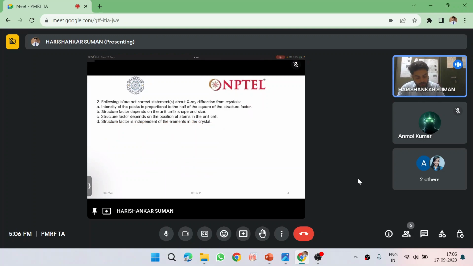Which of the following is not a true statement about X-ray diffraction from crystals? Option A: intensity of the peak is proportional to half of the square of the structure factor. Option B: structure factor depends on the unit cell shape and size. Option C: structure factor depends on the position of the atom in the unit cell. Option D: structure factor is independent of the element in the crystal. Please choose the correct option.